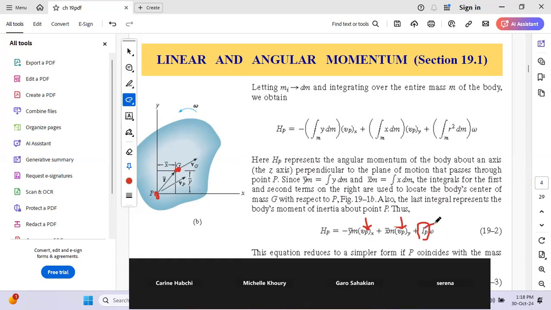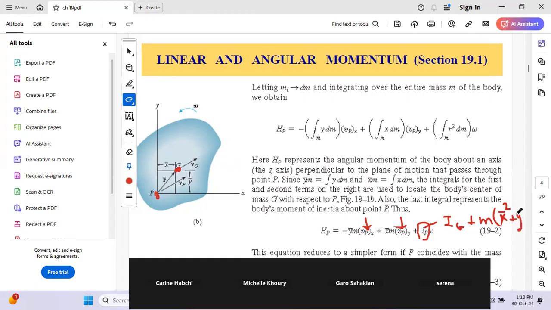So you can replace IP by IG plus the mass of the body times the distance squared between P and G. The distance between P and G is x bar squared plus y bar squared, okay?